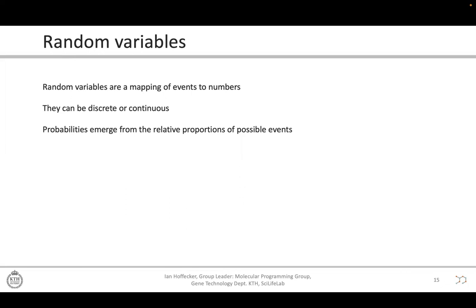And to describe this uncertainty, we use probability distributions, and these emerge from the relative proportions of possible events, or the size of different parts of event space, you could say, and trying to count those up and compare them with each other. That's how we get probabilities.